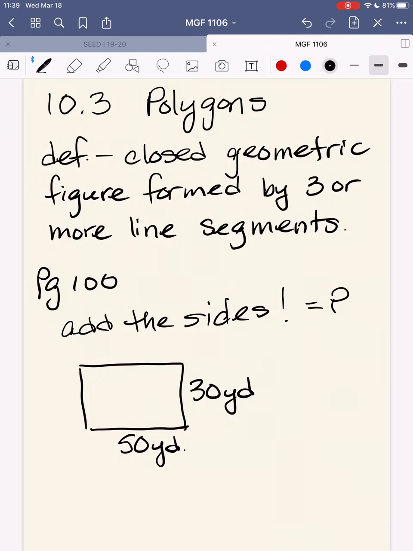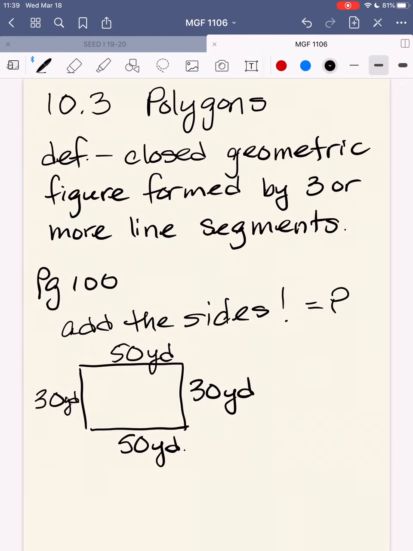And I want to go ahead and fence this in. Anytime you're fencing anything, that's perimeter. It tells me how much it is per foot, and I want to find the cost. Because this is a rectangle, I know the opposite sides are the same length, so I can write that in there. And then all I have to do is add the sides.